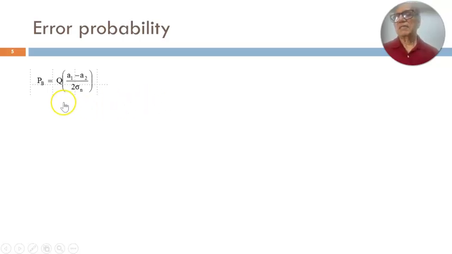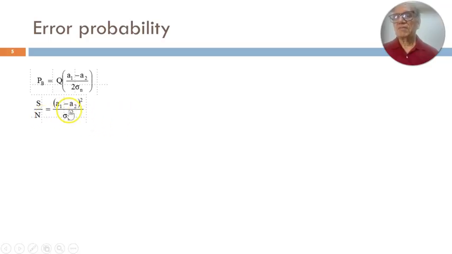For that, remember, for a matched filter, we have already seen the expression for the maximum signal to noise ratio. Now the output signal to noise ratio for the difference signal here can be directly written: S by N is (A1 minus A2) whole squared, remember, normalized power, divided by sigma n squared, that is the noise power. So that is the signal to noise ratio.